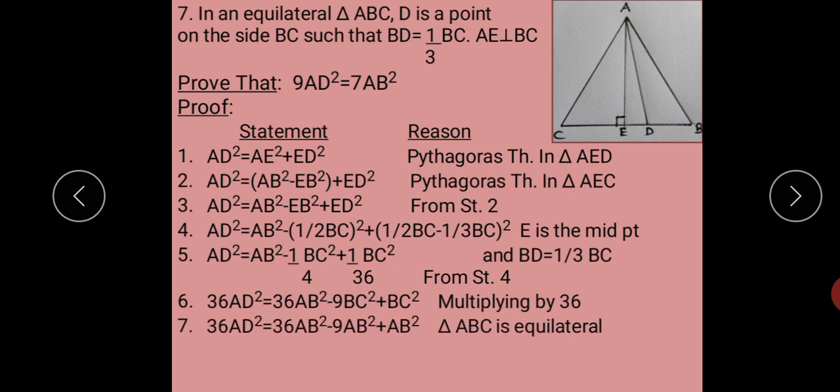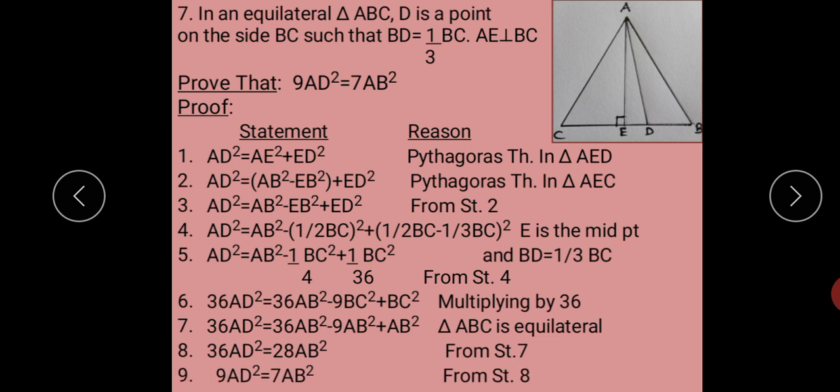Yes. And now it is simple mathematics. We get 36 AD square is equal to 36 minus 9, which is 27, plus 1 is 28. Both are multiples of 4, so you can cancel. 4 9s are 36, 4 7s are 28, and here is your final statement.